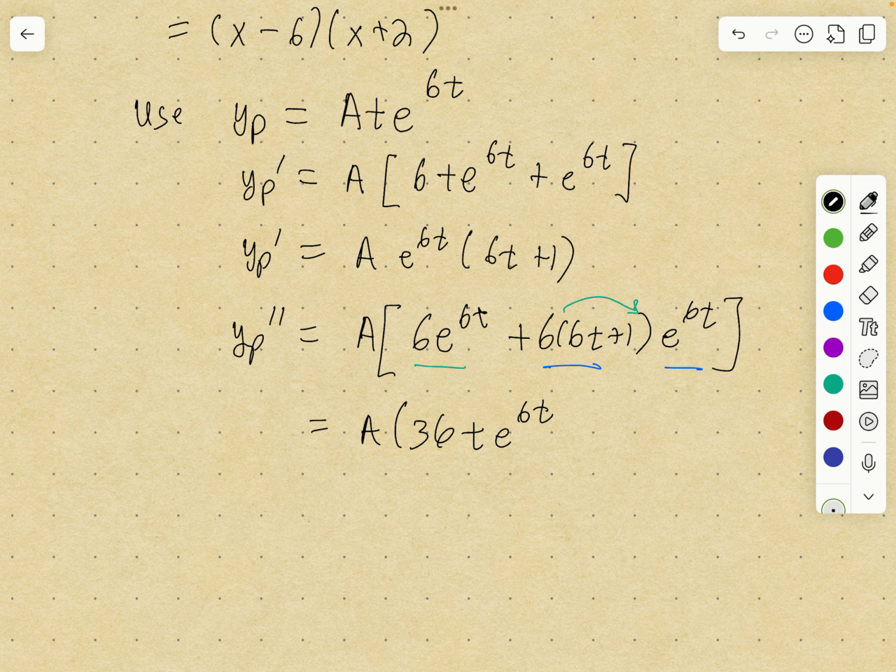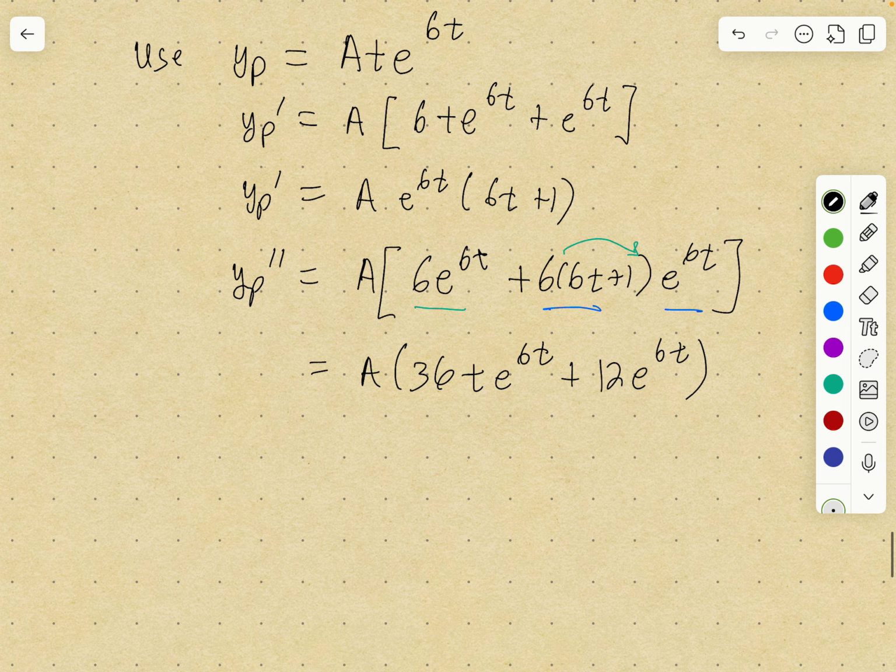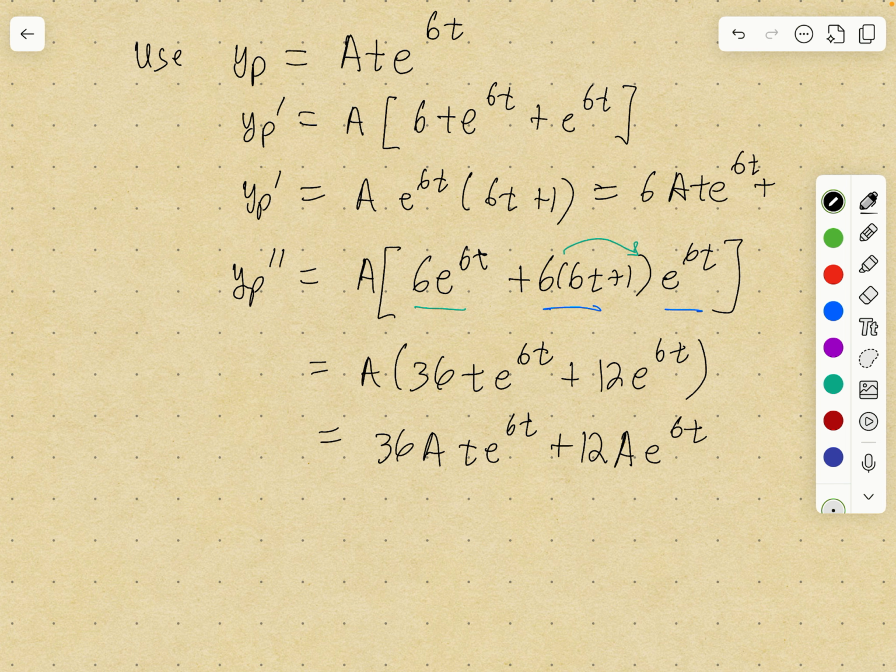So you're going to get 6 e to the 6t plus 6 e to the 6t makes 12 e to the 6t. So this is going to be 36a t e to the 6t plus 12a e to the 6t. Our y prime is 6a t e to the 6t plus a e to the 6t.